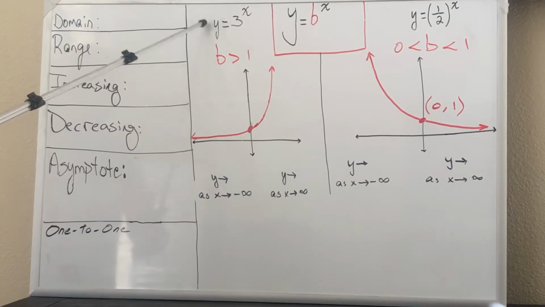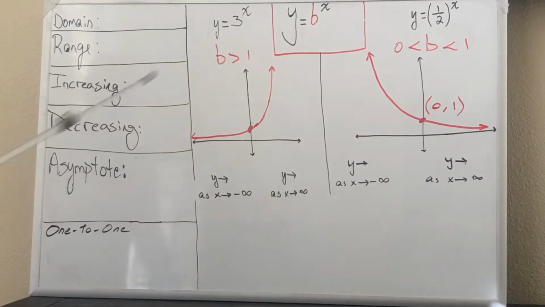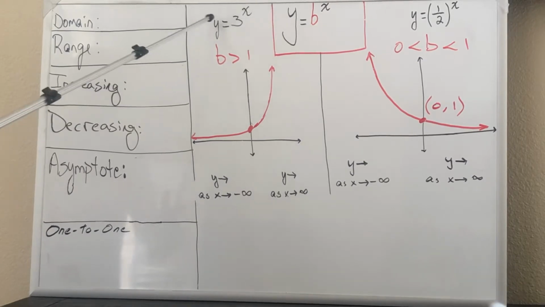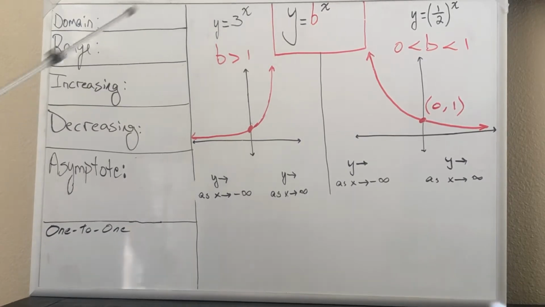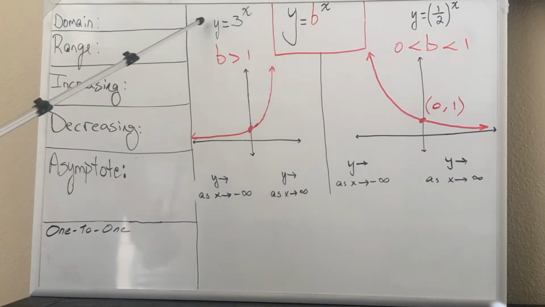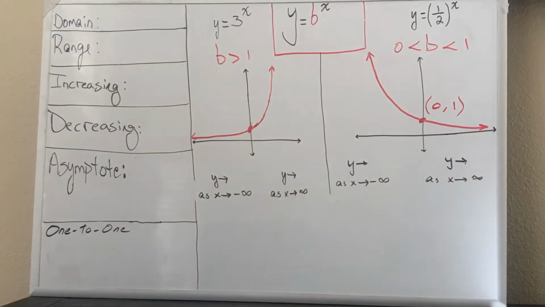For example, when x is equal to 1, we'll have 3 to the power of 1 is equal to 3. But when x is equal to 2, 3 to the power of 2 is equal to 9. So the value of y went from 3 to 9. It increased, so we call the function an increasing function.